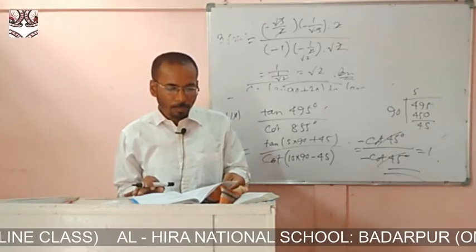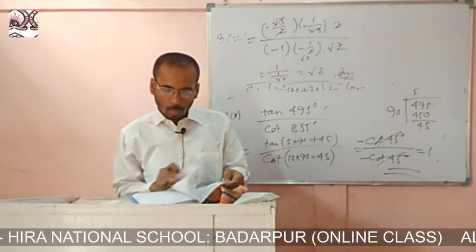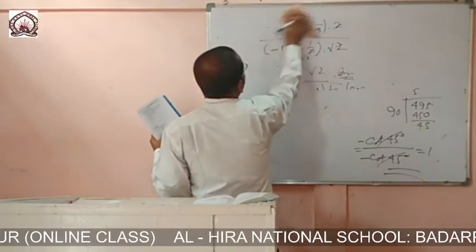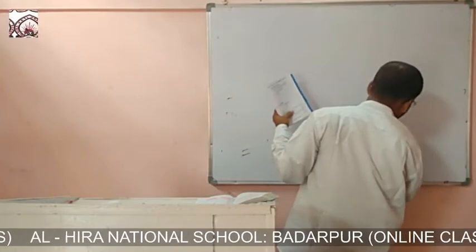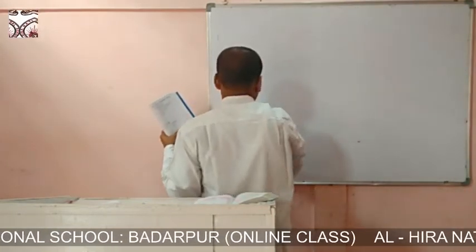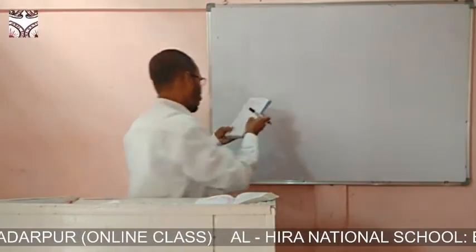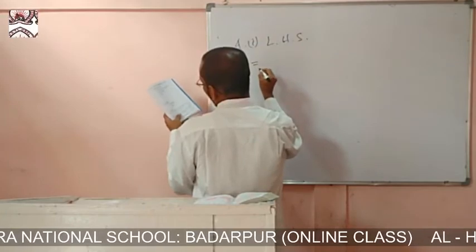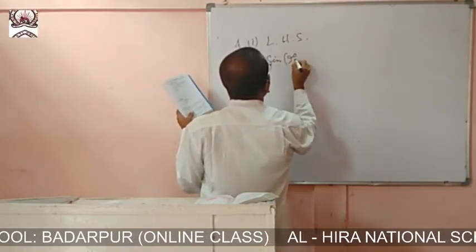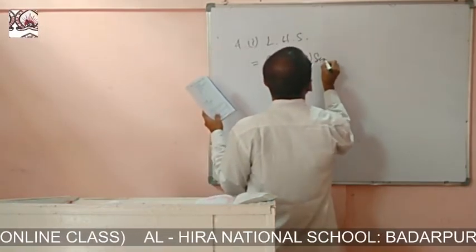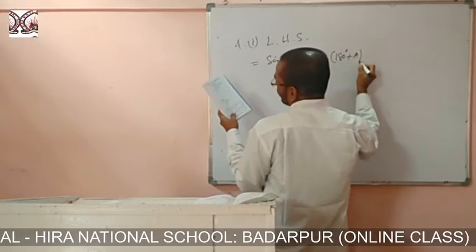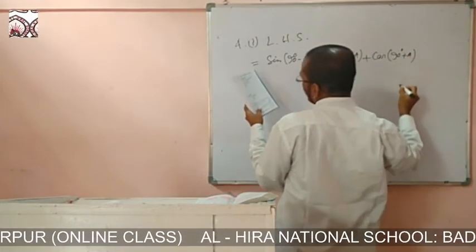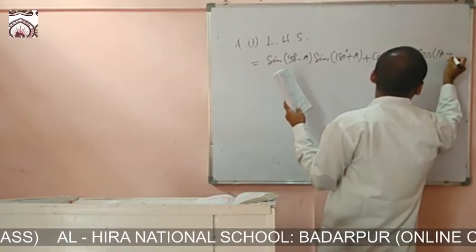So this one is number 4. LHS is equal to sin(90 minus A) into sin(180 plus A), then plus cos(90 plus A) cos(180 minus A).